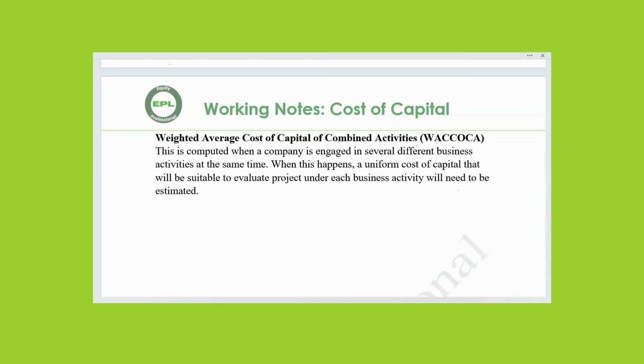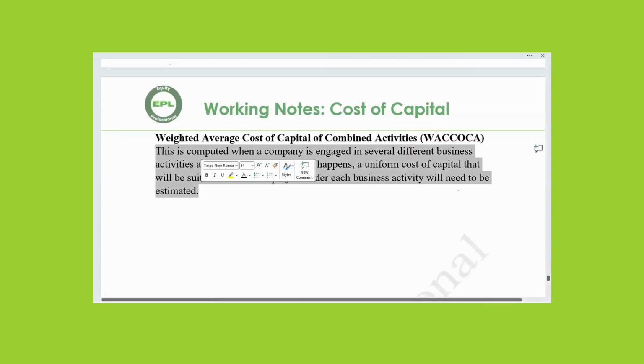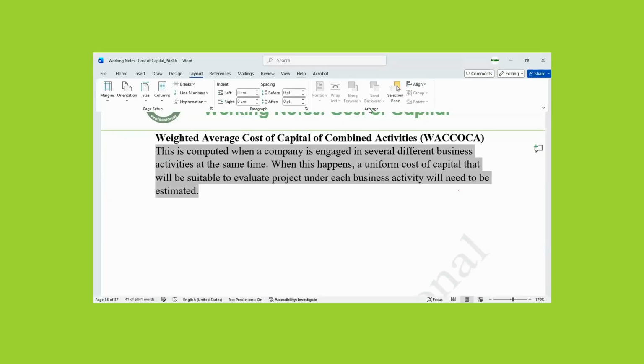All right. So that is when you calculate WACOCA, weighted average cost of capital of the combined activity.